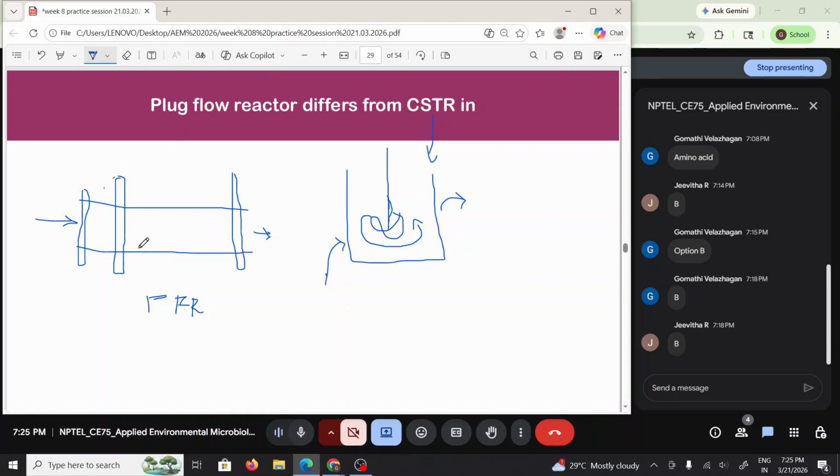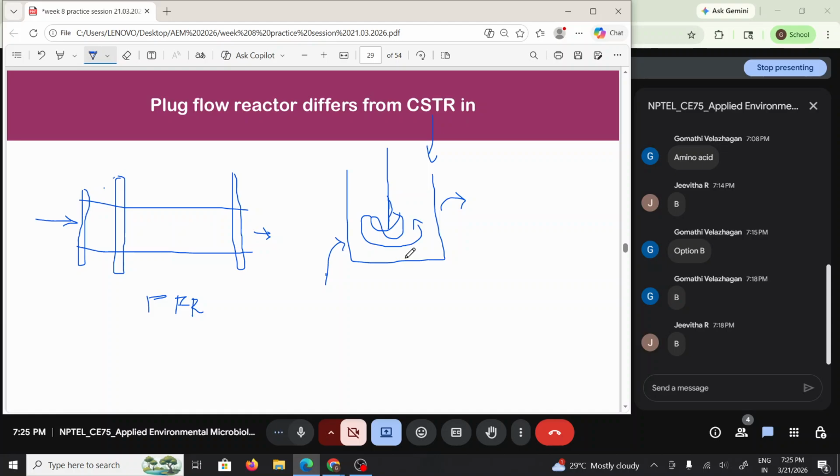Each of these plugs is going to have a uniform concentration, but the concentration of the pollutant is not uniform throughout the reactor. Whereas when you talk about the CSTR, you are initially feeding the CSTR with some wastewater, and there is perfect mixing, and even the microorganisms will be present in this system. They will take up the organics, and at any given point the concentration of the composition is going to be uniform inside a CSTR.